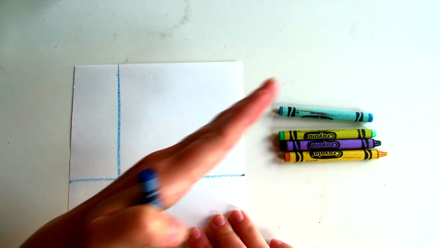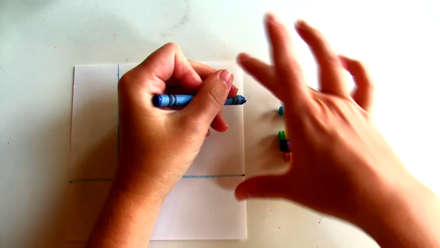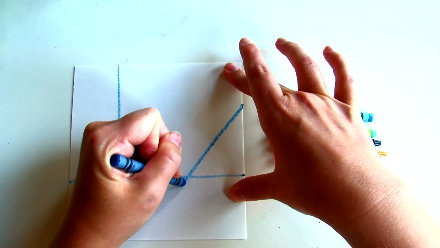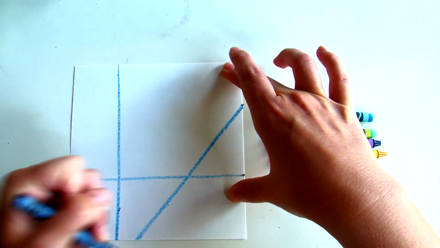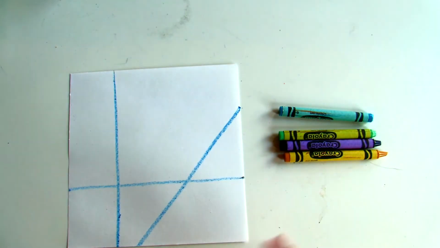Our last line we'll draw is a diagonal line. A diagonal line goes corner to corner across, and it will intersect with one of your lines. Now we're going to get creative and use some different lines that we can describe in different ways.